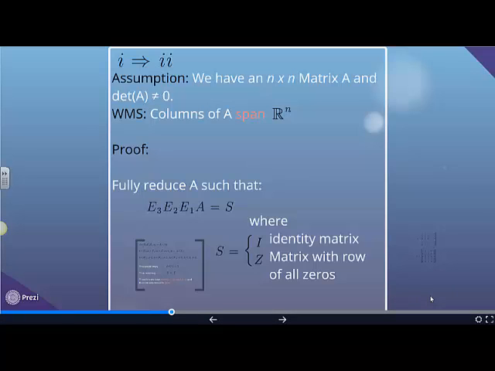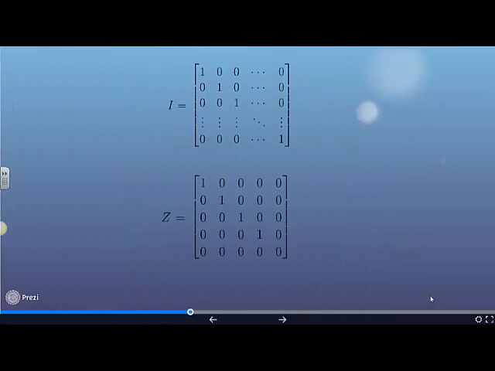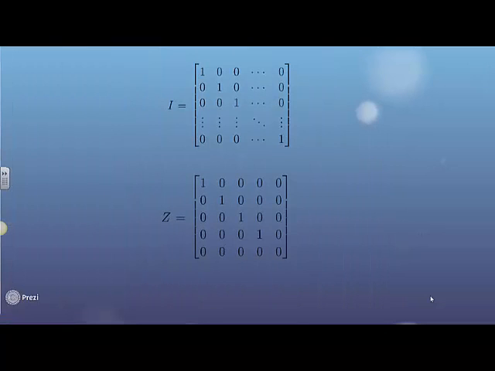We row reduce S, and there are 2 cases, where S either row reduces to the identity matrix, or S row reduces to a matrix with a row of all zeros, denoted Z. To give you an example of what this looks like, on the top here we have our identity matrix, where there are zeros in every position except for the diagonal going from top left to bottom right. Those all contain 1s.